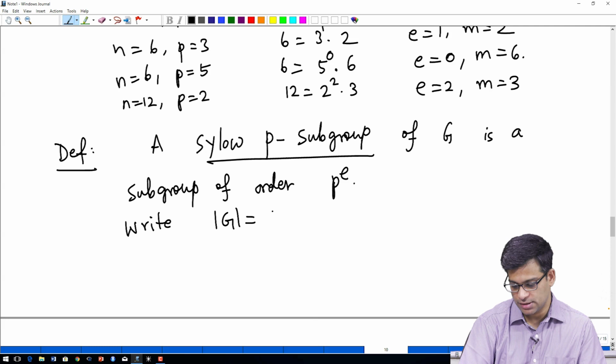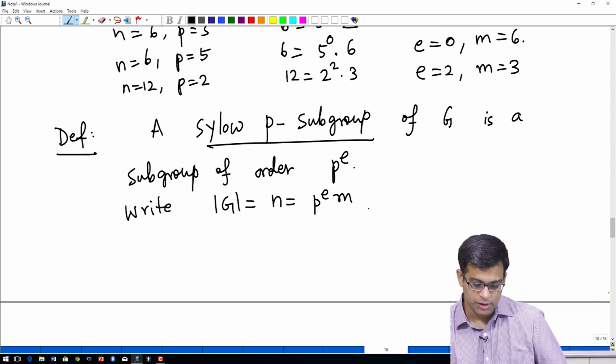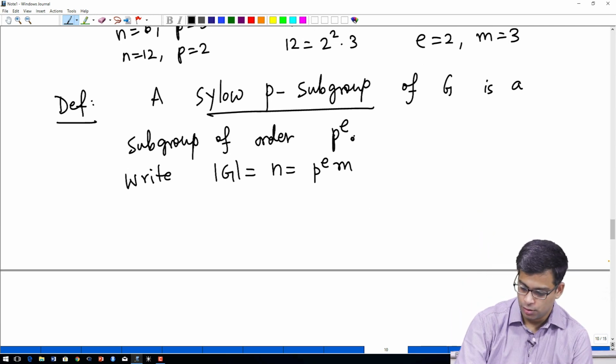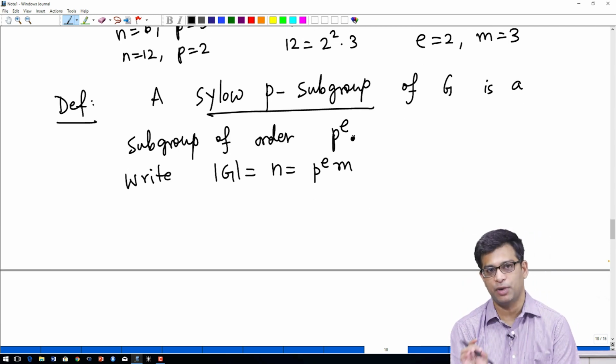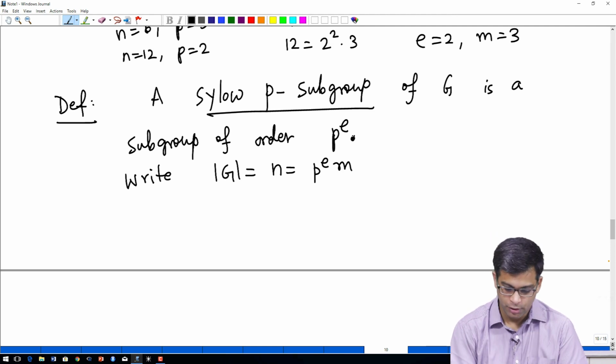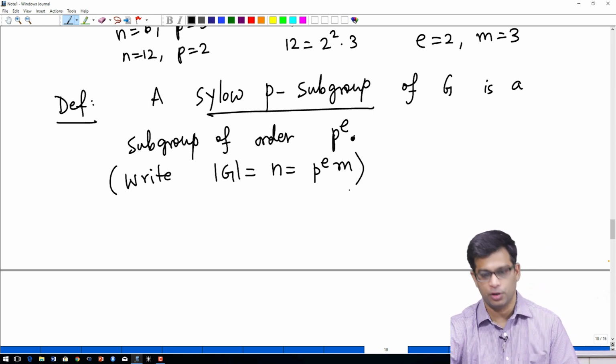It is important to write this: the order of the group is written as p^e times m. So a Sylow p subgroup of G is a subgroup of order p^e, where p^e is the largest power of p that divides the order of the group G. So a Sylow p subgroup is a subgroup of order p power e.